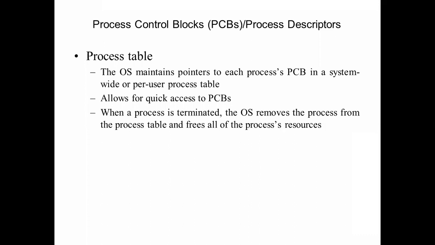When a process is terminated, when we want to finish or complete it, the OS removes the process from the process table. The operating system removes the process from the process table and frees all the process resources. After the termination of the process, the OS will give a command to remove the process from the process table and also free all the process resources.